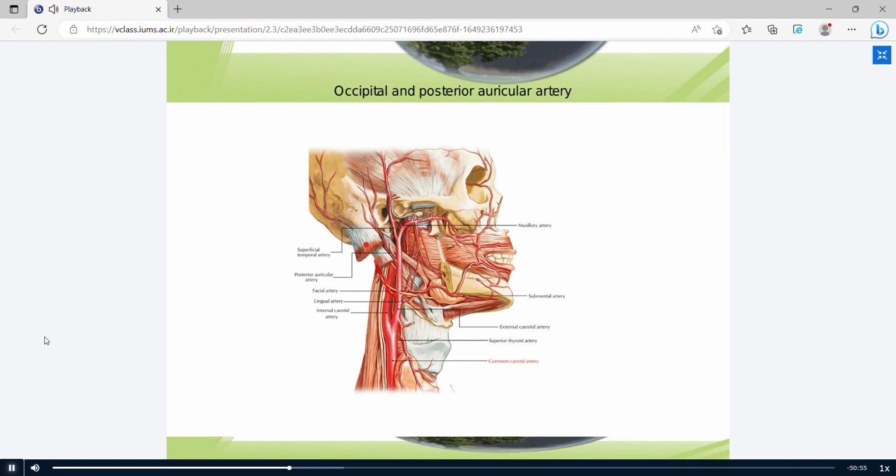Finally, it enters the occipital groove posterior to the mastoid process, and enters the posterior part of the skull to supply the region. This is the posterior auricular artery, arising from the posterior surface of the external carotid artery, and it finally passes between the external acoustic meatus and the mastoid process and supplies the region behind the ear.